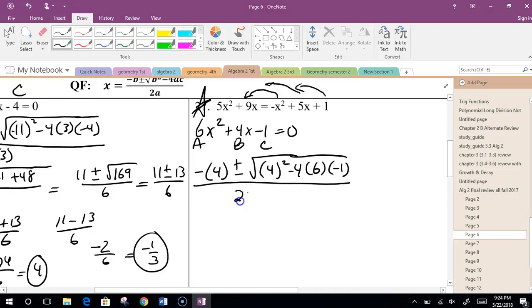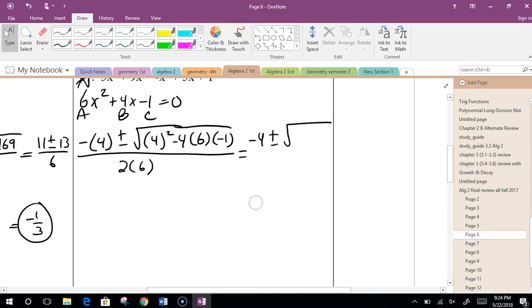All of this divided by 2 times A, which is 6. So that would leave us with negative 4 plus or minus the square root. We would have 4 squared would give us 16. 4 times 6 times negative 1 would give us 24, and make it positive because we have double negatives here.